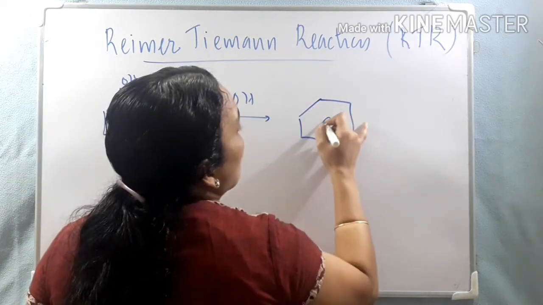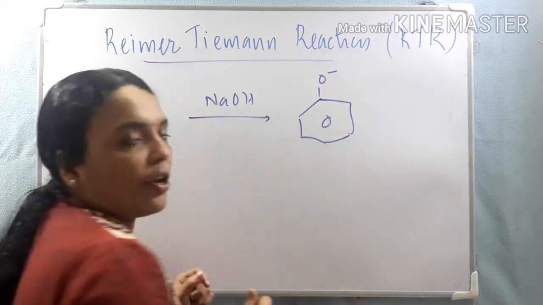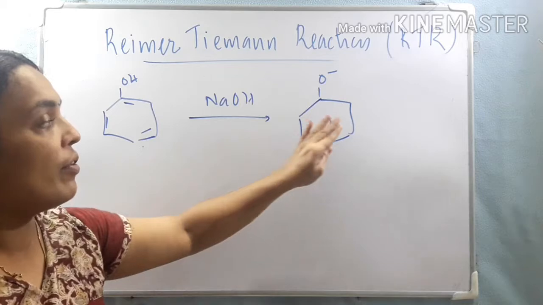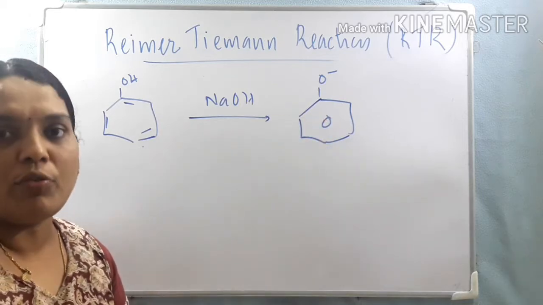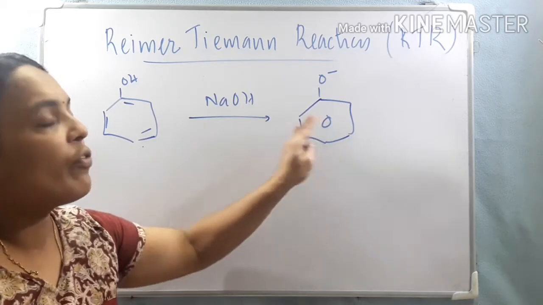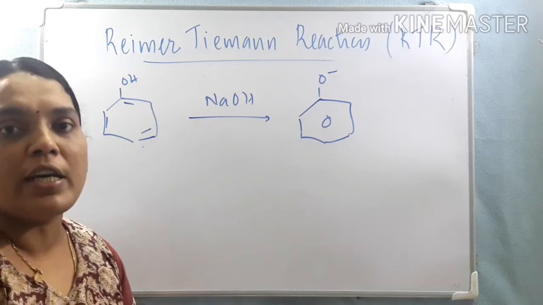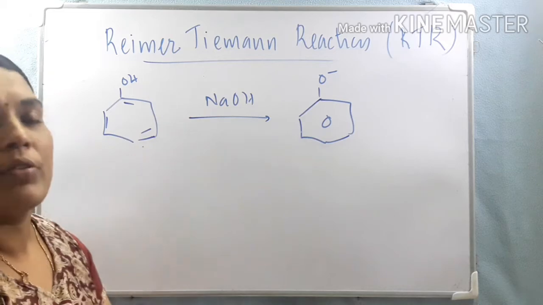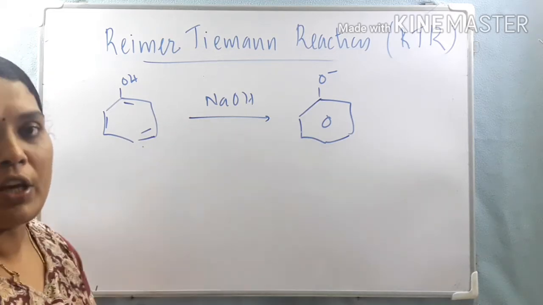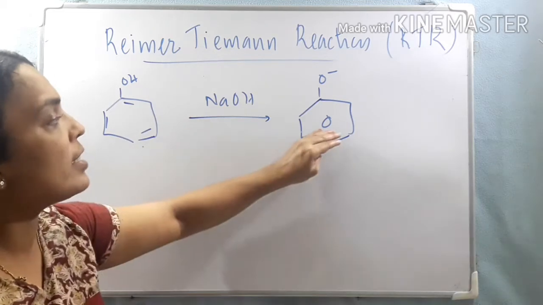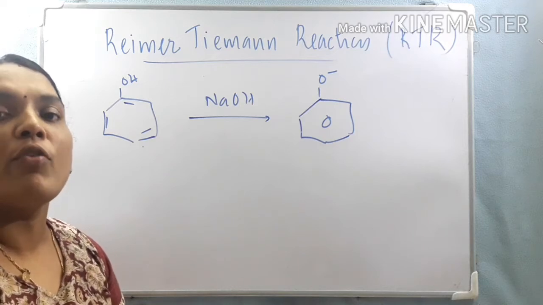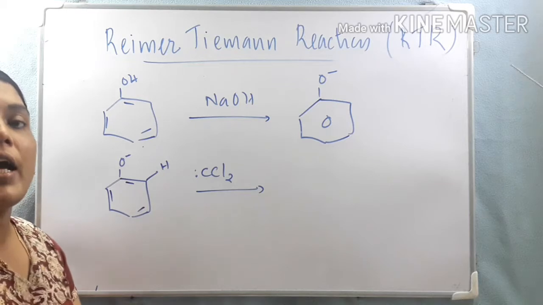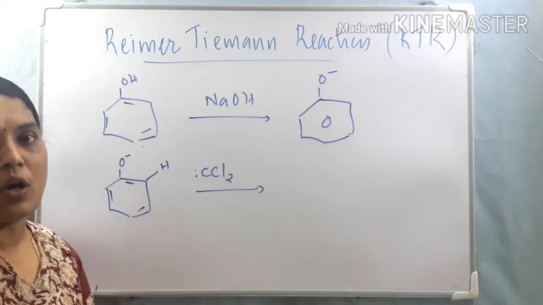Electrophilic substitution is more favorable in phenoxide ion than in phenol. That is why the use of NaOH with phenol is for the production of phenoxide ion. Clear? This phenoxide ion reacts with dichlorocarbene.